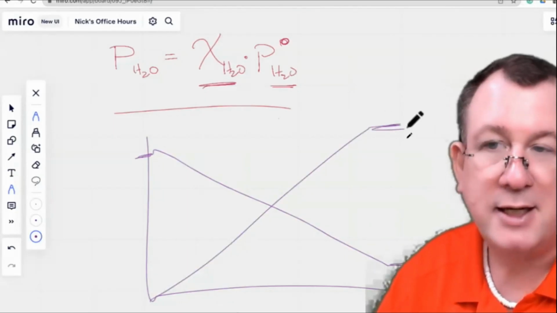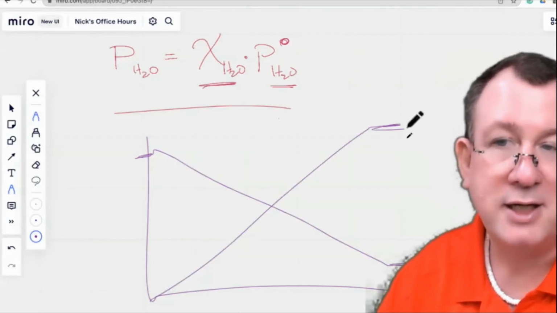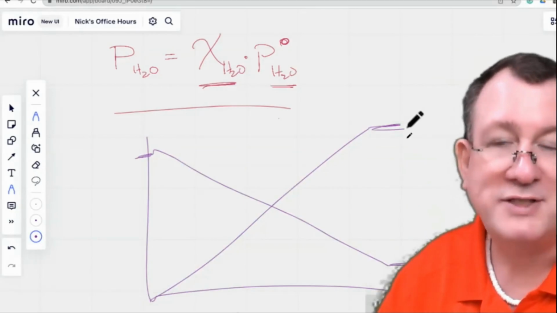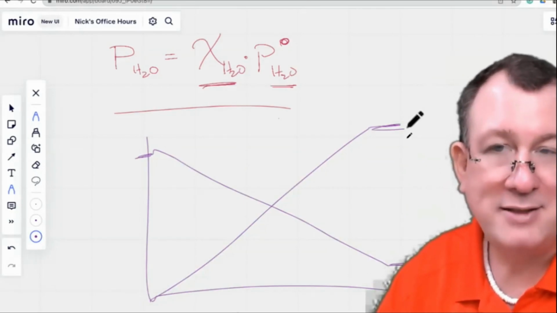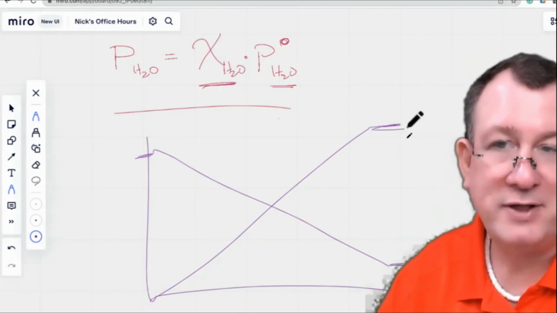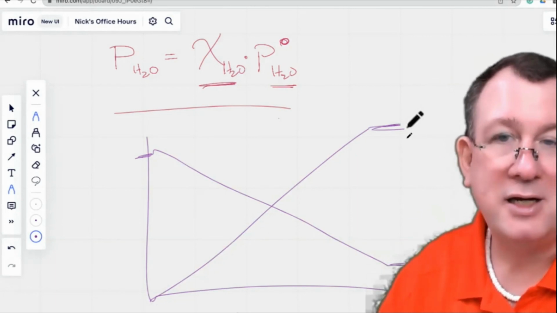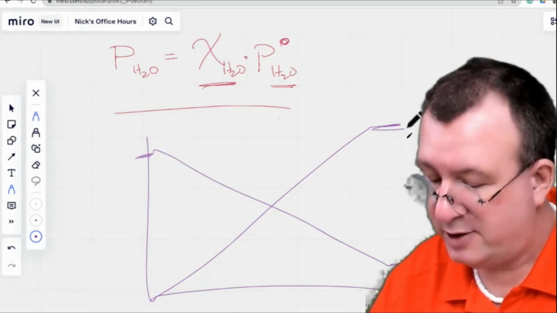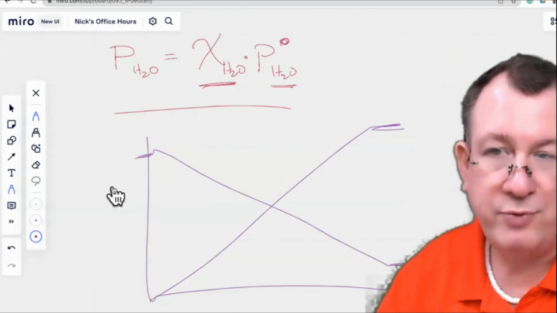Now, here's the thing. Raoult's law is based on Dalton's law, which is based on the ideal gas law, which is based on KMT. So this is true of something that is an ideal gas. And while the ideal gas law is good to about 3 sig figs for most real gases, it's not as good in Raoult's law. You will see deviation with real gases.